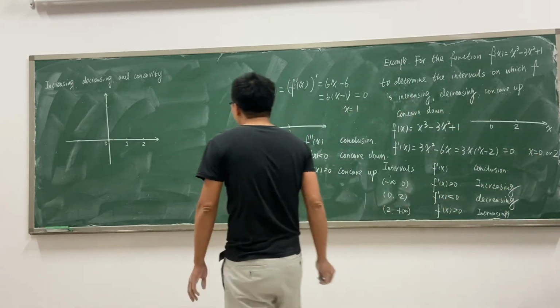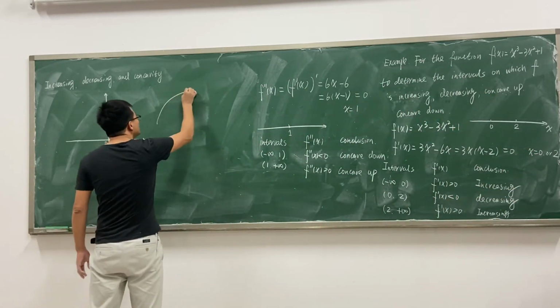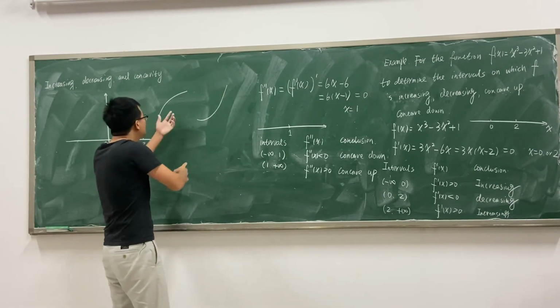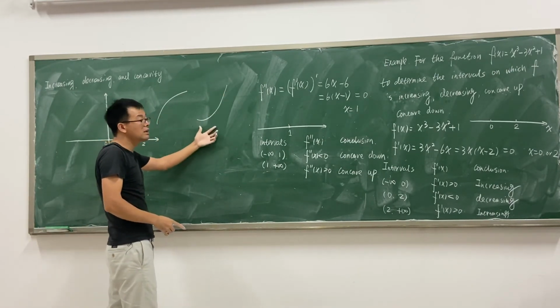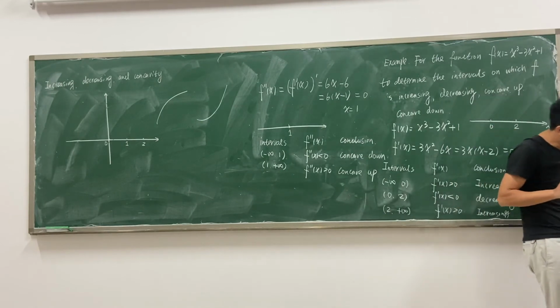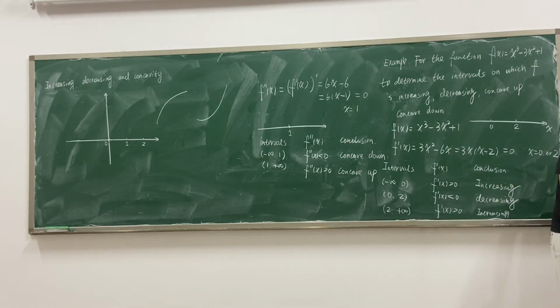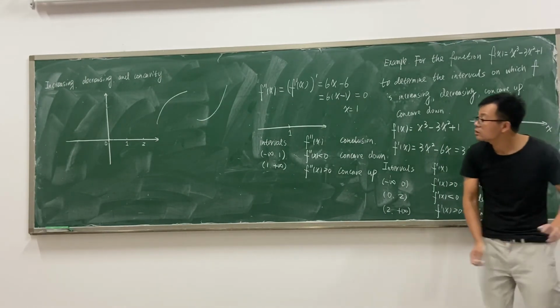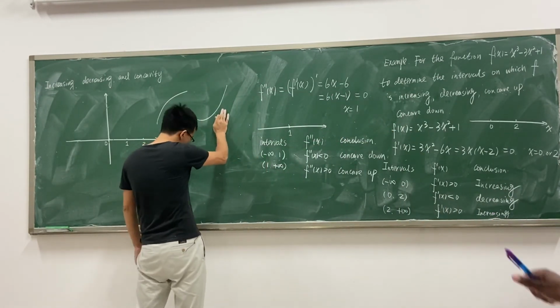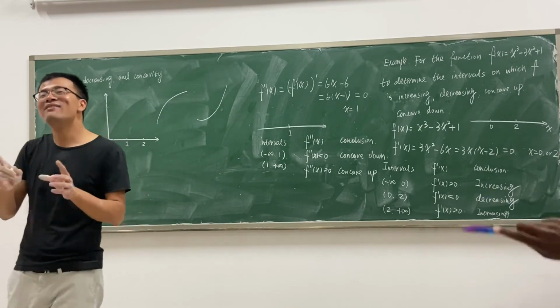For example, this is increasing, here is also increasing, but here is concave up and here is concave down. Oh, I'm sorry, here is concave up.